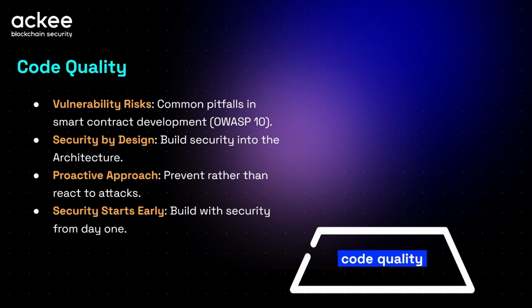Everything from this slide can actually be summarized with one statement, and that is: security starts early. So do not rely on testing, do not rely on fuzzing, do not rely even on an audit. Start on your side and learn the best security practices, but also the most common attack vectors.